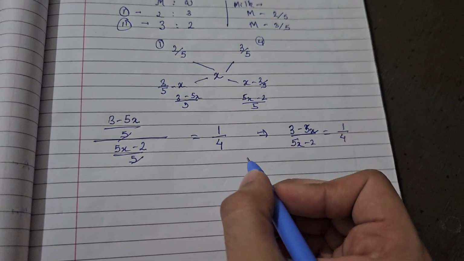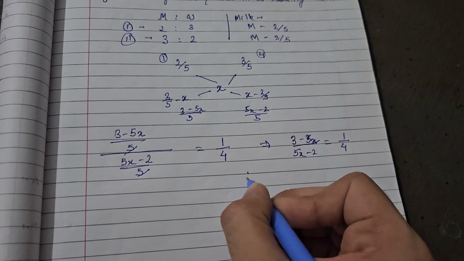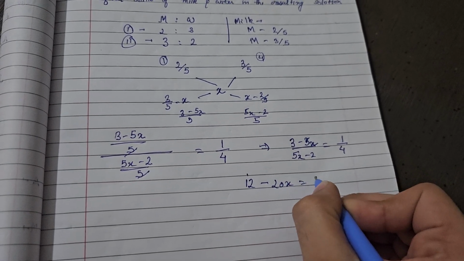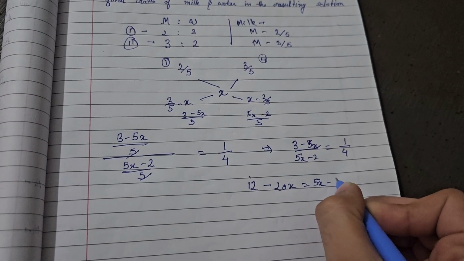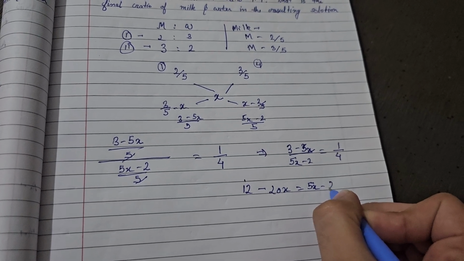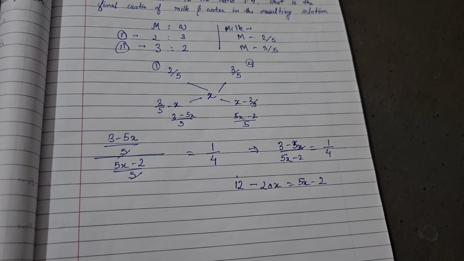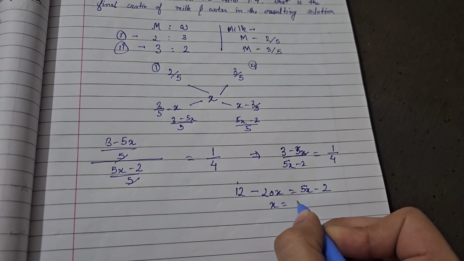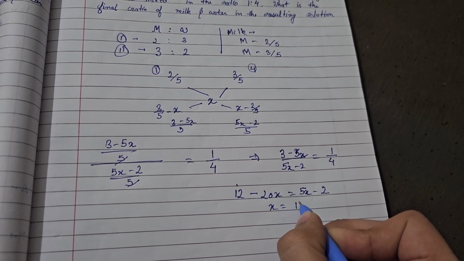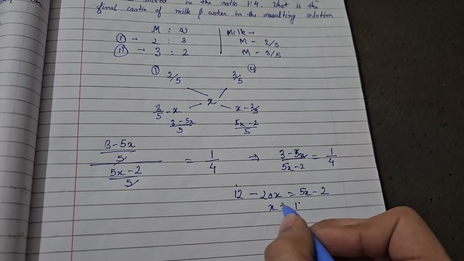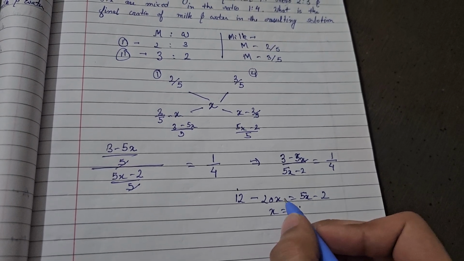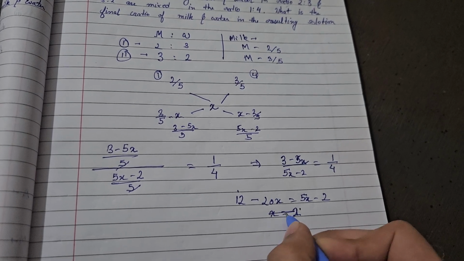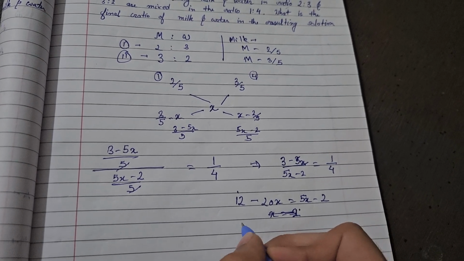So upon solving this, we get 12 minus 20x equals 5x minus 2, and from here, just a minute, let's do it properly.